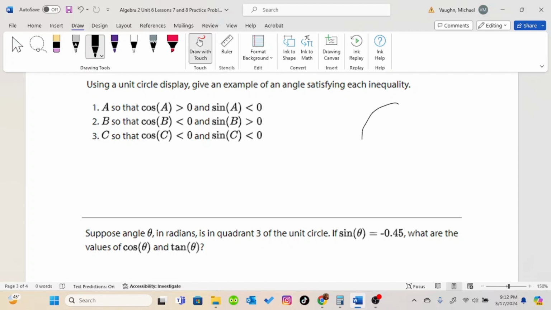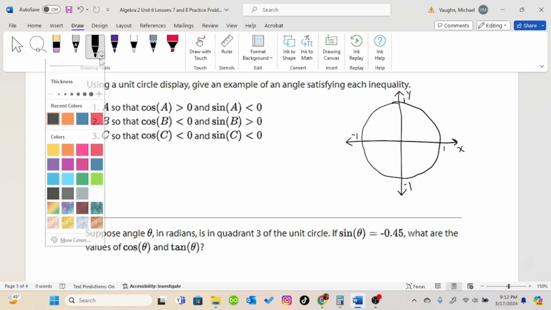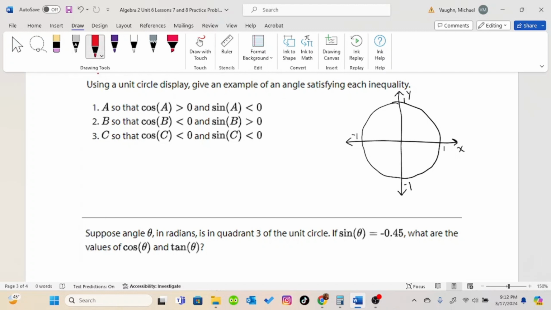So if we draw a unit circle, A wants cosine to be greater than 0.